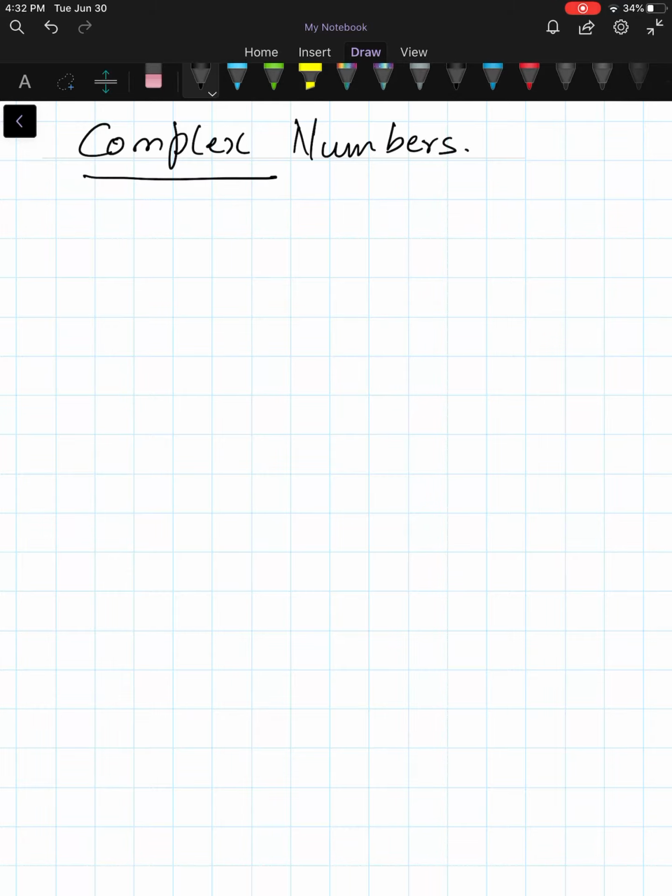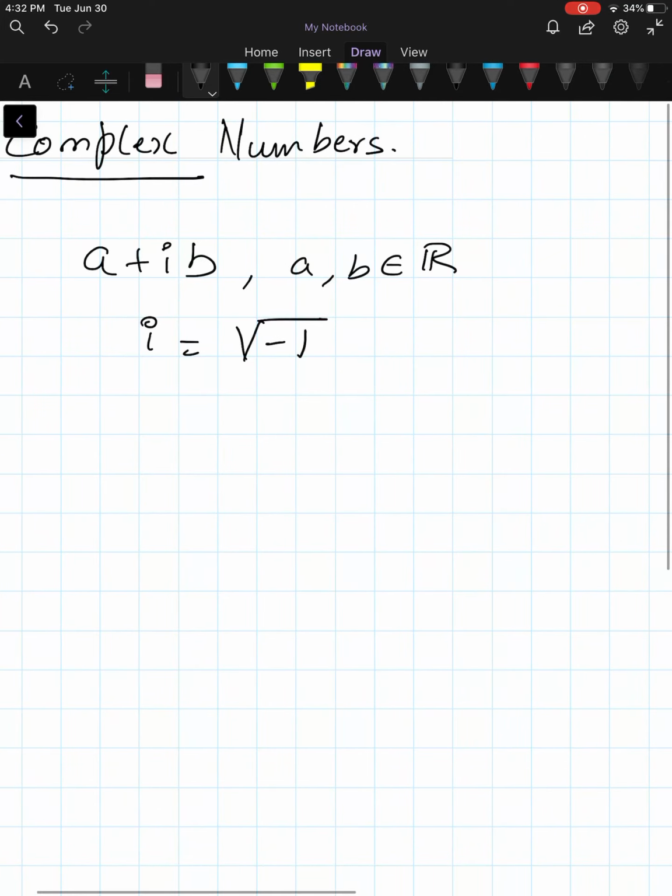So the set of all complex numbers are of the form a plus ib, where a, b belong to the set of all real numbers. What do we mean by i? i is nothing but the square root of -1. So the square root of any negative real number can be expressed as follows.